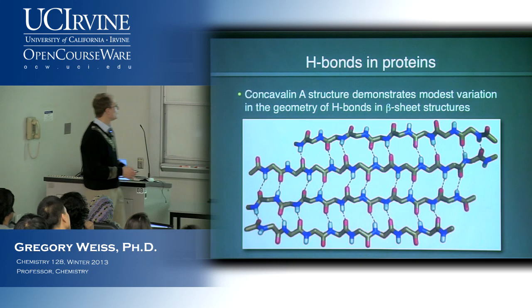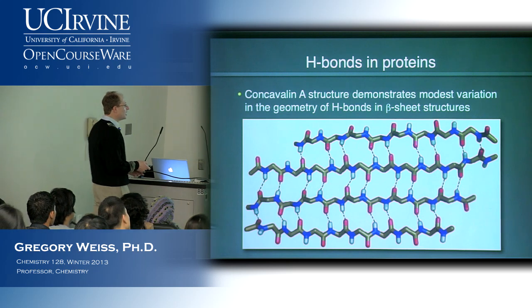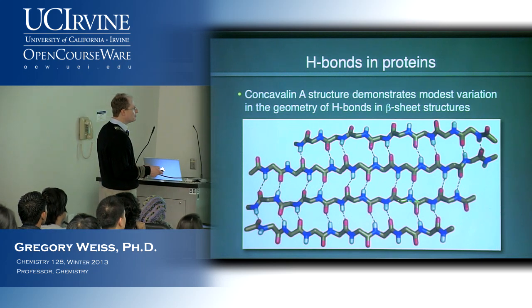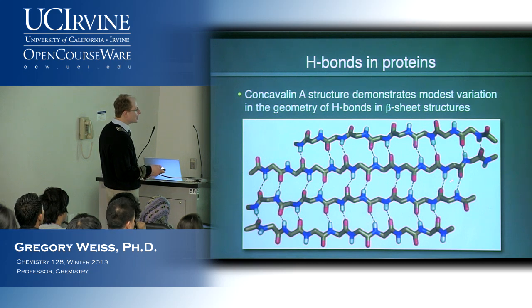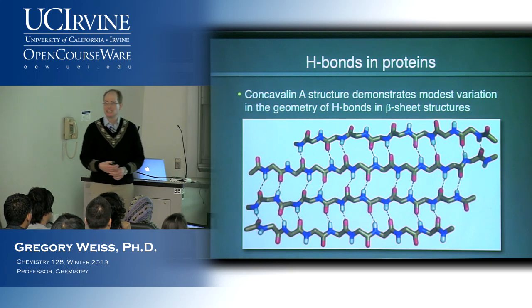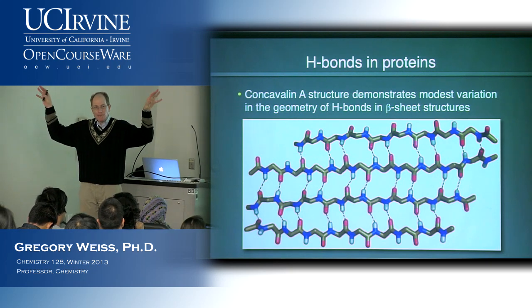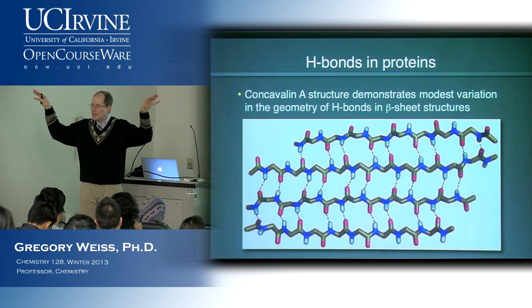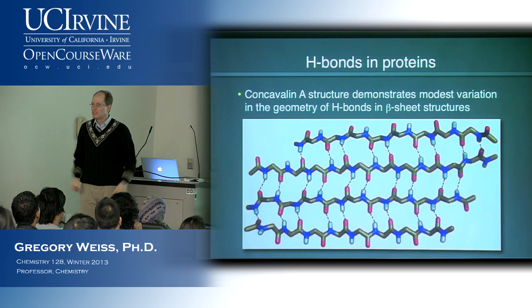Let me show you an example of that. Okay, so this is just a backbone. I've removed all of the amino acid side chains, and in dashed lines, these are the hydrogen bonds. Notice that many of these hydrogen bonds are coming off the oxygen at an angle. That's to take advantage of the Mickey Mouse ear shape to the lone pairs on the oxygen.